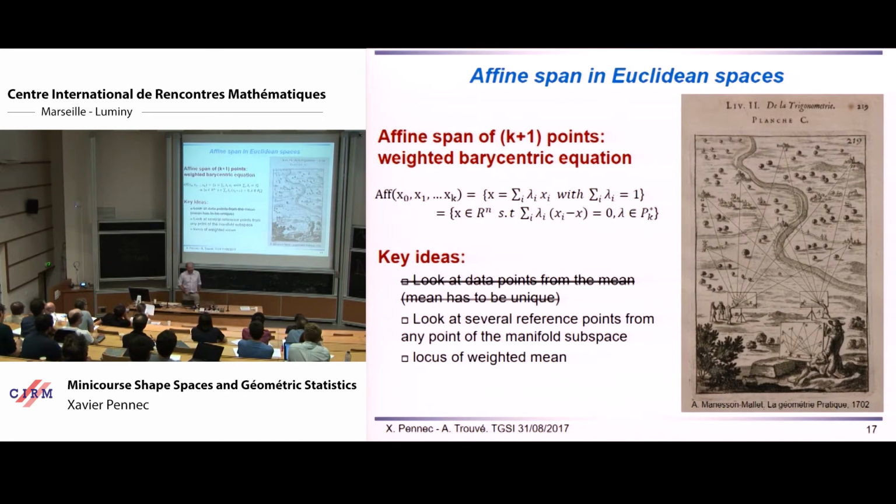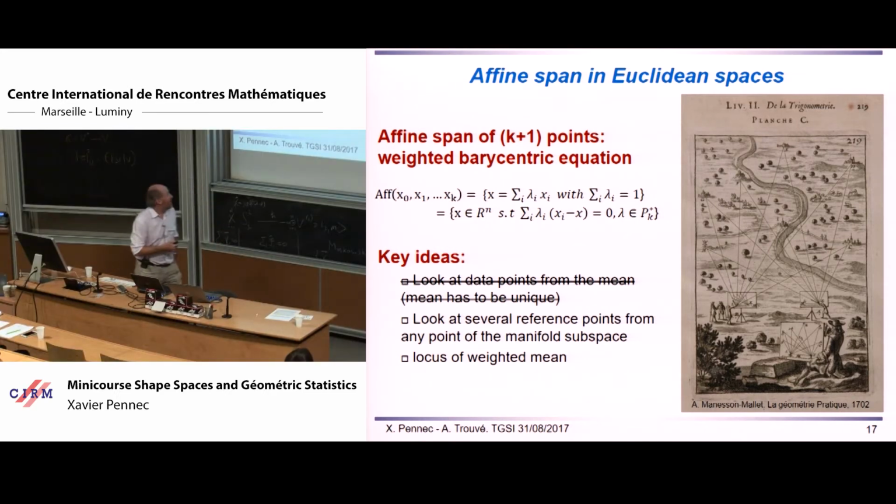I'm just going to show quite quickly one of the ideas that we have developed recently, which is to generalize the affine span in manifolds. The idea is that in a Euclidean space, we can rephrase the affine span of k+1 points as the set of points x such that this barycentric equation is 0.